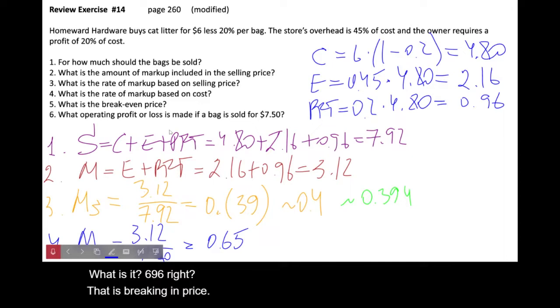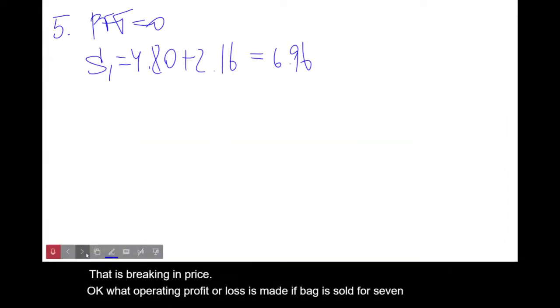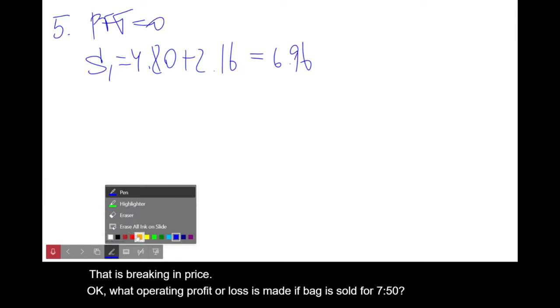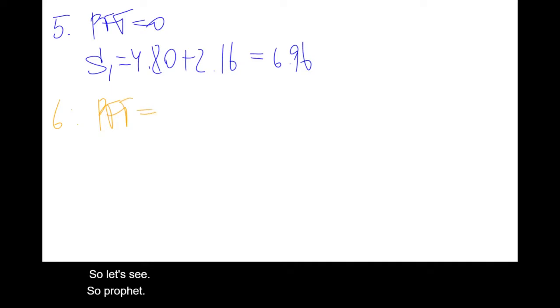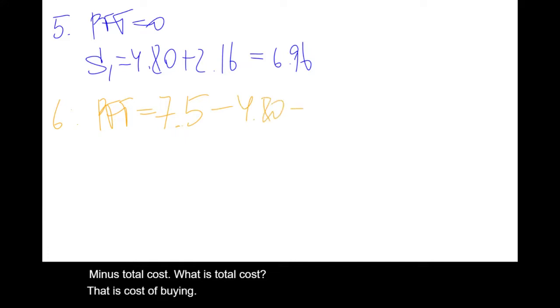Okay, what operating profit or loss is made if a bag is sold for $7.50? So let's see. Profit is $7.50 total revenue minus total cost. What is total cost? That is the cost of buying and that is expense.